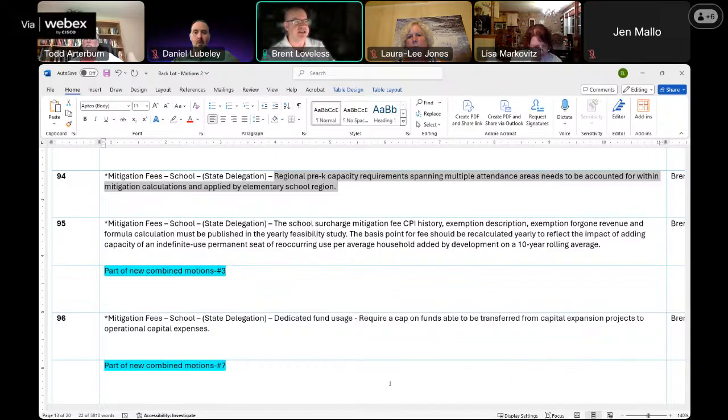So this is definitely within the charge of our committee, that we recognize these things need to be captured in formula so that we can provide adequate public facilities. I would like to conclude the mitigation fee, which quite honestly is not that contentious. It's a fractional amount compared to the base for all the schools.